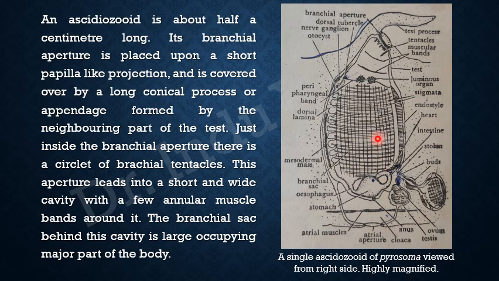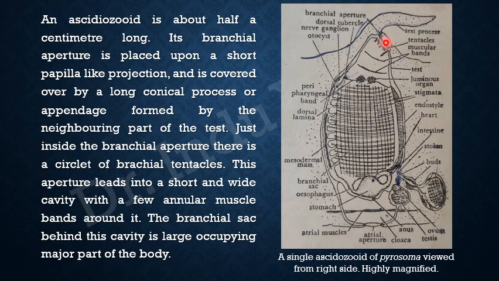Now let's do the internal structure. We start from here, the branchial aperture, which is guarded by a test process, meaning it is covered. The branchial aperture is not wide open to the ocean, it is covered by a test process, and this test process is made by the test lying adjacent to the animal.